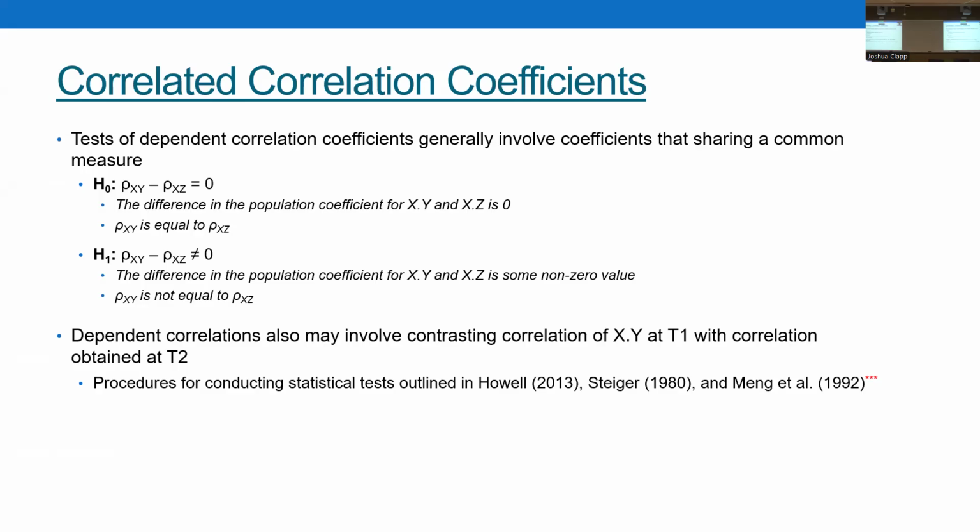But in your syllabus, you've got tests outlined in Howell. Okay. Steiger does some stuff, and then Meng does some stuff as well. They're all working with procedures for testing correlated correlation coefficients. I like Meng because Meng does a little bit more. It expands on testing correlations among a set of correlations, seeing if there are differences, not just in pairwise coefficients, but in sets of coefficients.